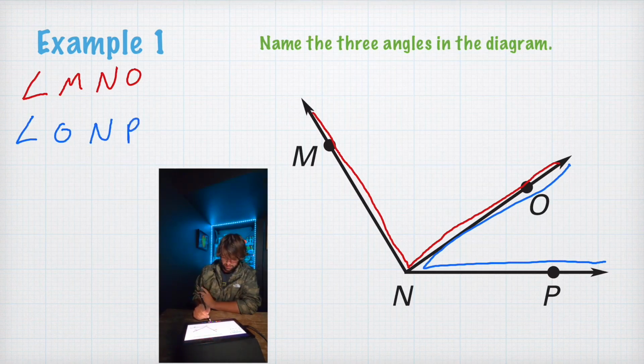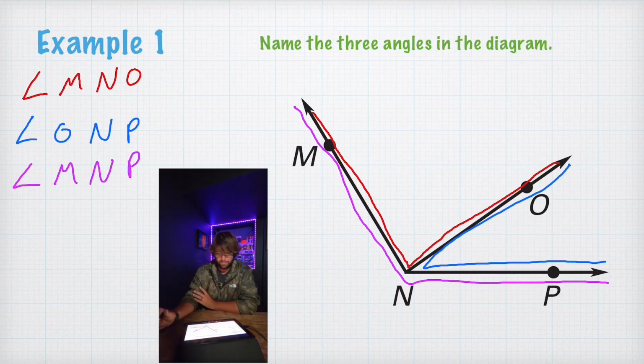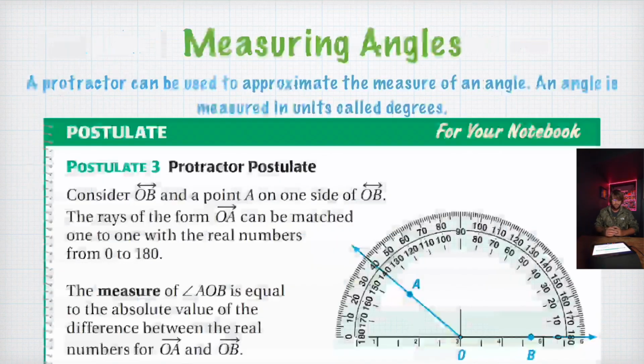And then lastly, we have our big outside angle, which we could call angle MNP. Pretty simple, naming angles, nothing to stress about. Let's keep going.